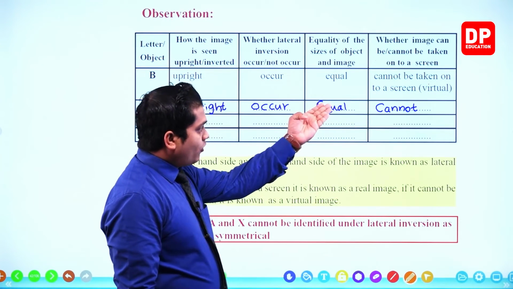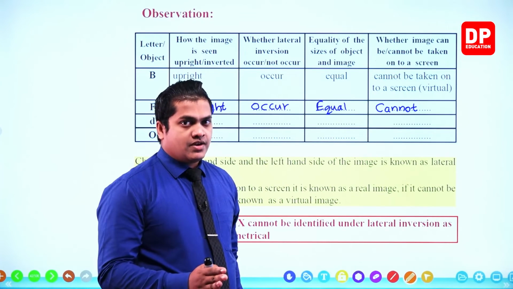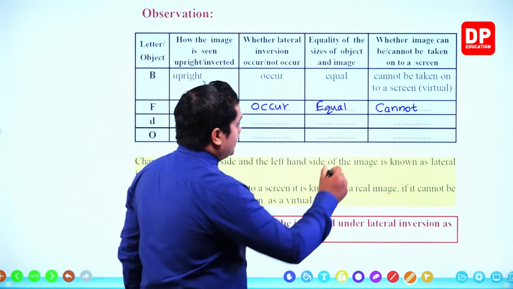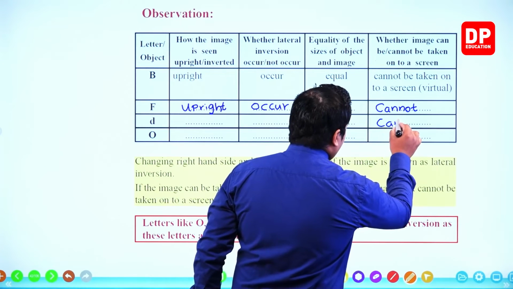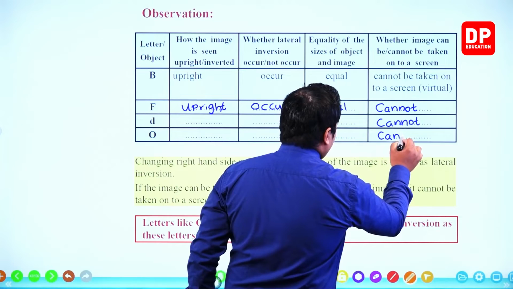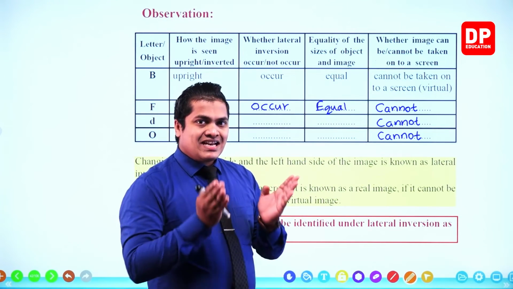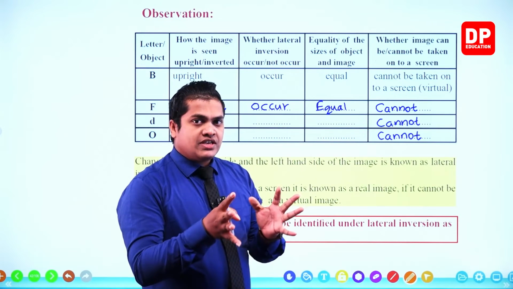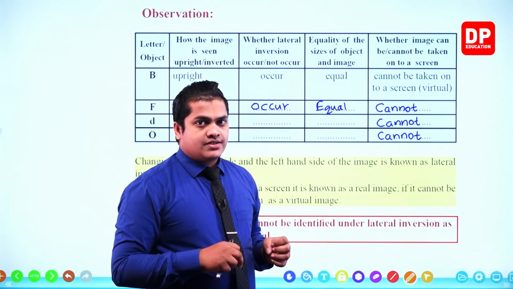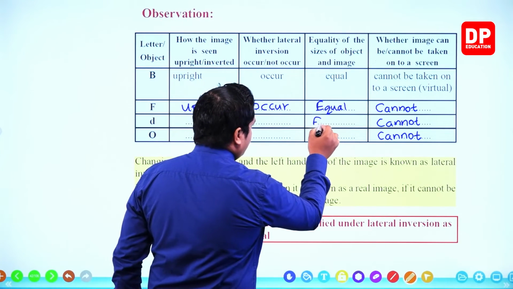So actually all the images were created within the mirror, my dear children. So we can write for each and every column without any trouble as cannot. And here also each and every image was equal to the object size. So therefore here also we can mention as equal.